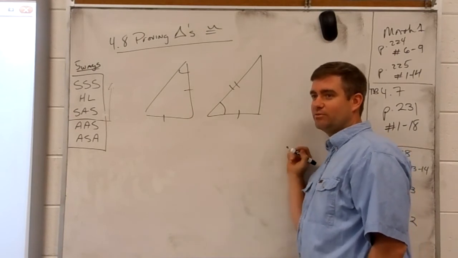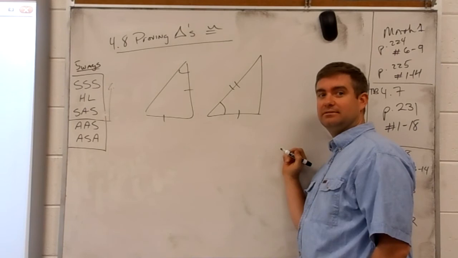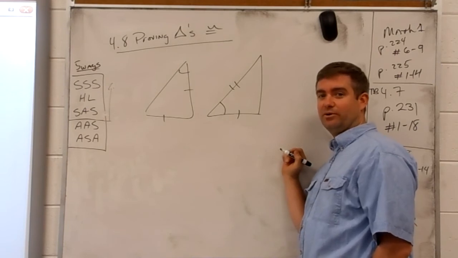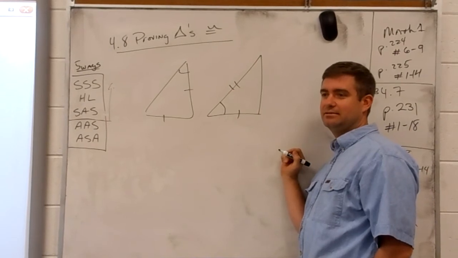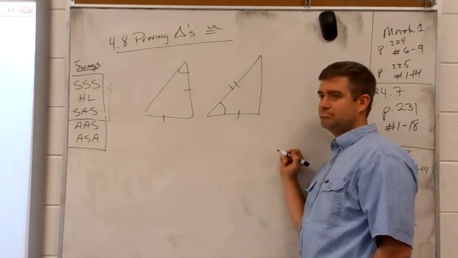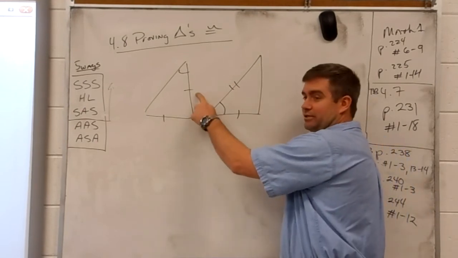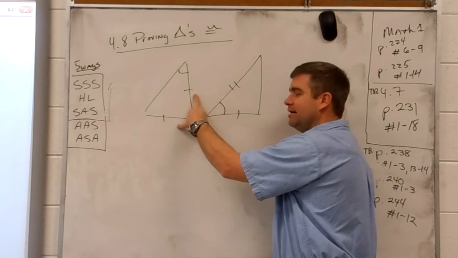Is it yes? Raise your hand if you think it's yes. Dustin. Dustin's the only one? All right. Tell me why, Dustin. Because on the first one, the bottom and the right are the same. So this side is congruent to this side. What kind of triangle?